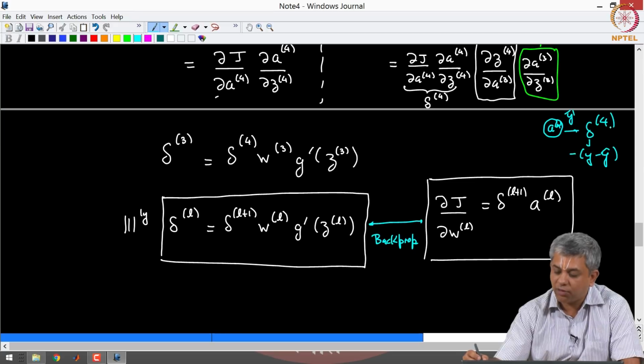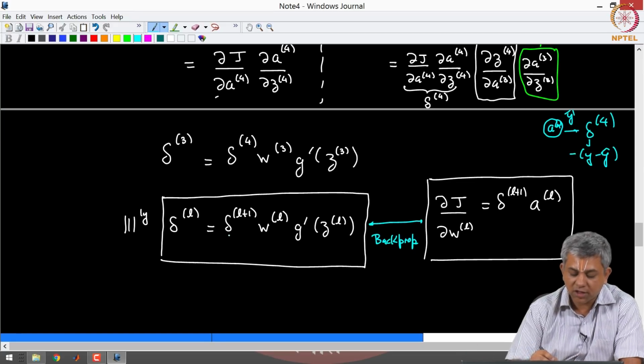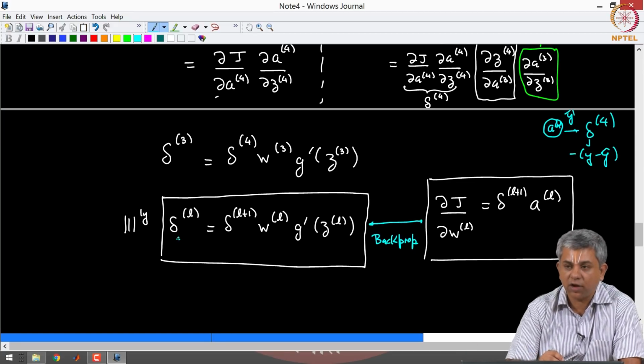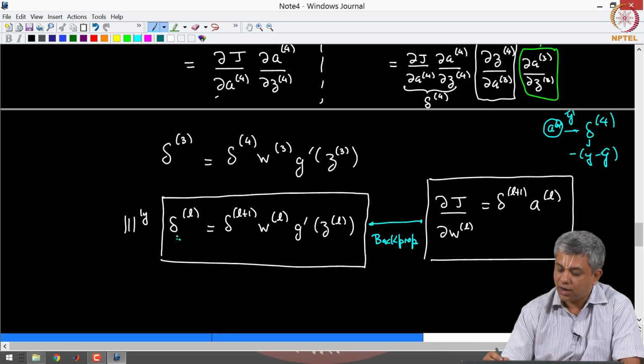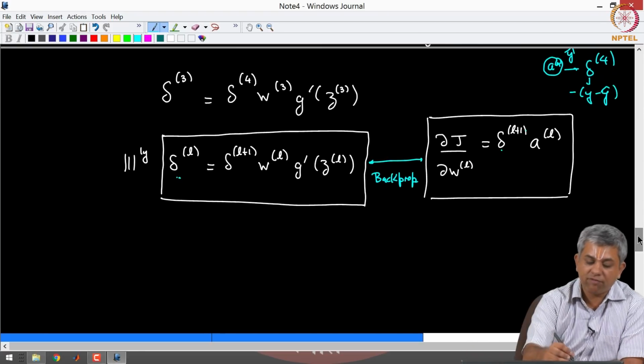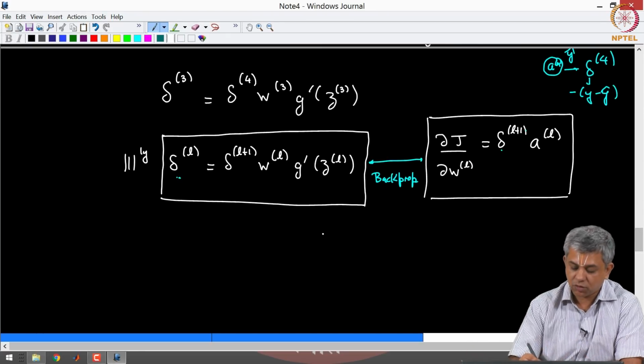Once you have delta 4, using this expression you have delta 3, you have delta 2, and then using this expression you simply have del j del w 1, del j del w 2 and del j del w 3. So, every single thing, all gradients can be computed.